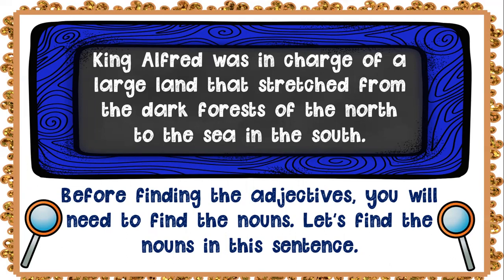Is there a word that describes King Alfred in this sentence? What about land? Land is a noun. Do you see an adjective or a describing word for land? Forest is a noun. Do you see a describing word for forest?